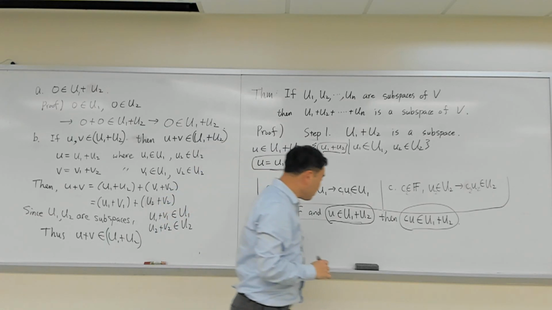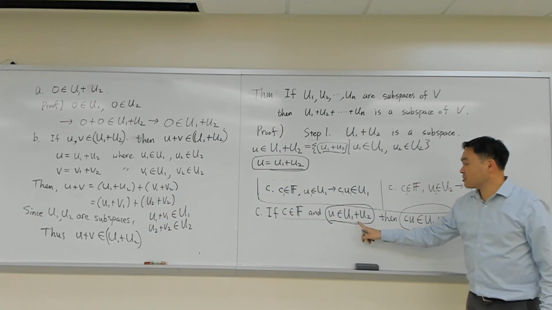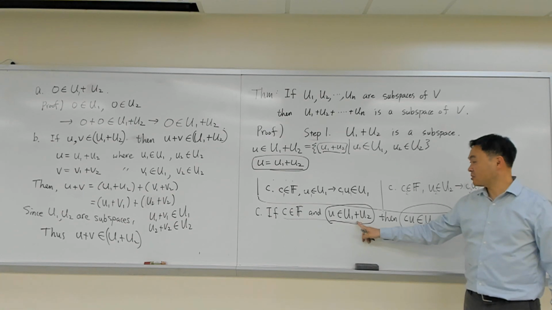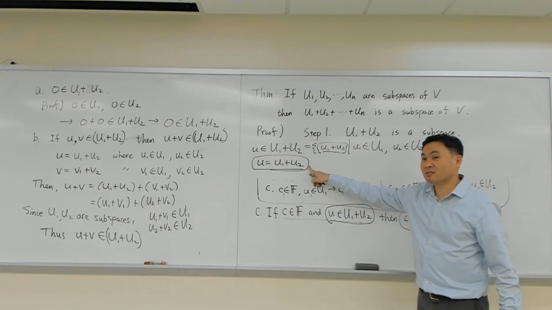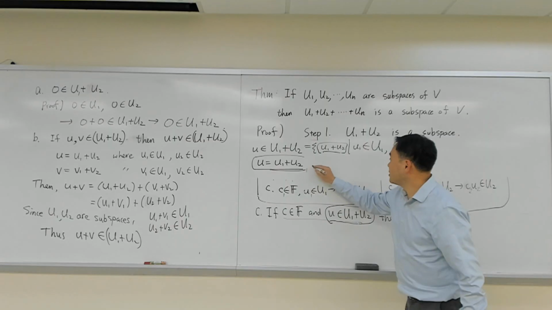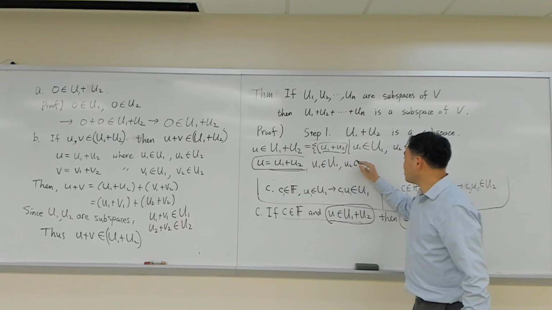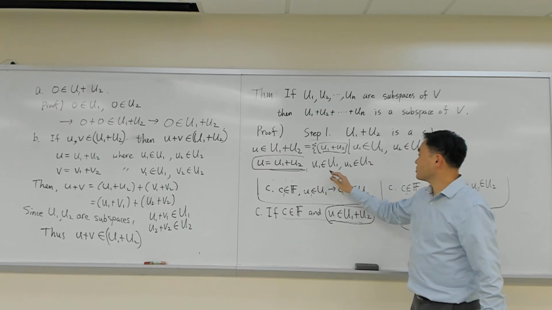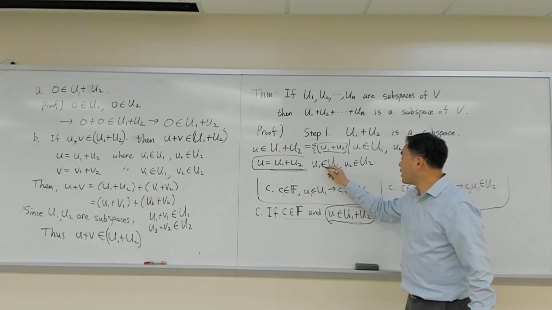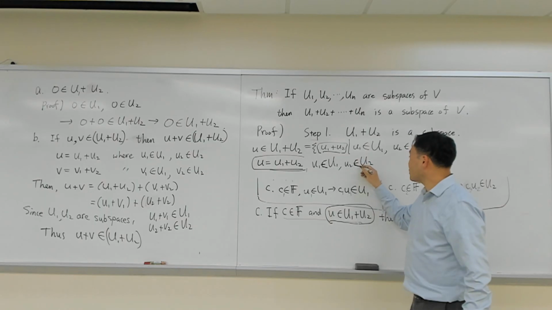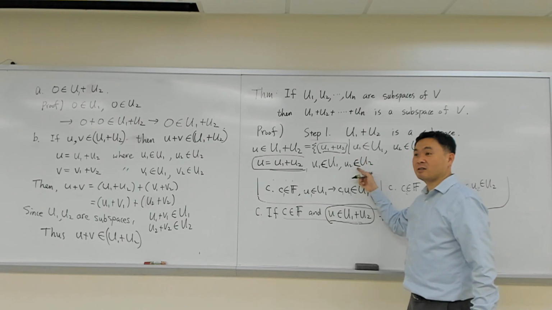And once you've realized what that is, now you can forget about this. See, this is written like this, with u1 in U1 and u2 in U2. And make sure you know how to use this symbol. What does this symbol mean? Is in.